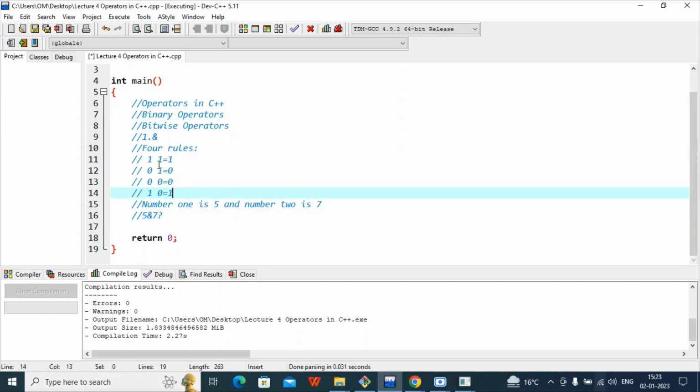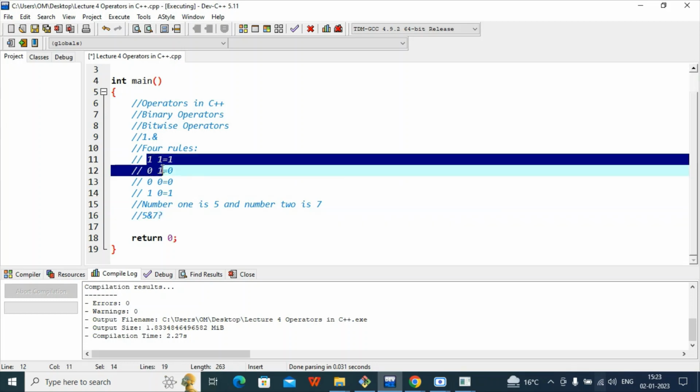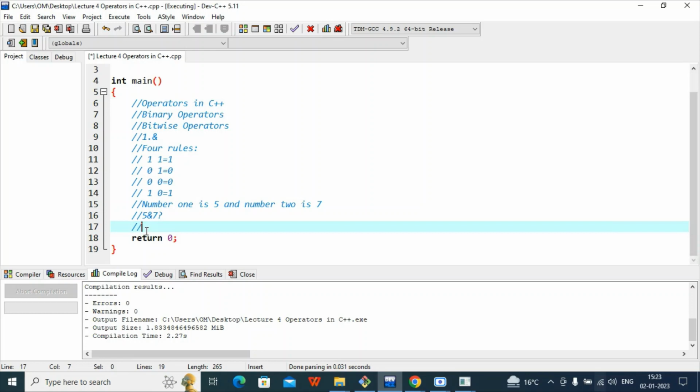Can you solve this question, 5 and 7, using this table that I have provided you with four conditions? Can you solve this in your mind or on paper with a pen? Okay, let me show you. The calculations in bitwise operators are done between the bits of these numbers.